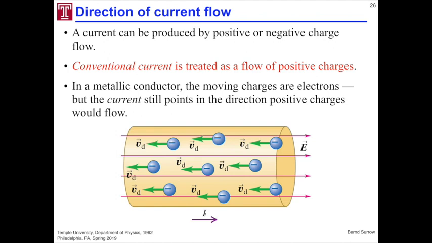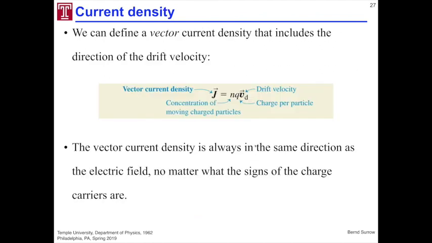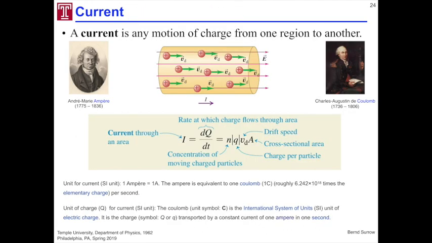So now there come a couple of definitions. Remember nqvd? So let's go back here, nqvd here, okay? So current is nqvd times area, where vd is the drift velocity. If I divide the current by the area, then I come to a quantity which is the so-called current density, which is given by the product of the concentration of charge carriers per unit volume times the charge times the drift velocity. That's what you see here.